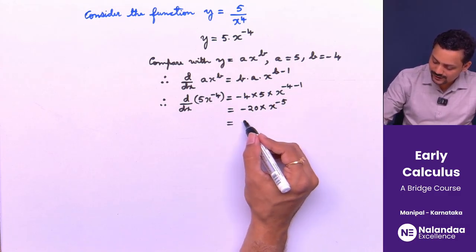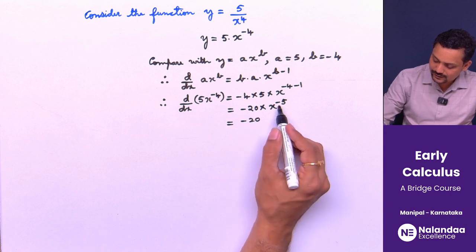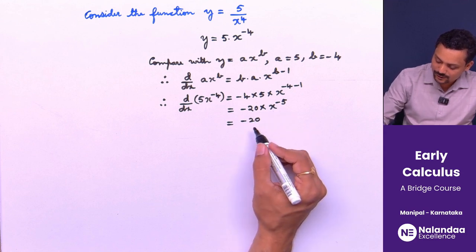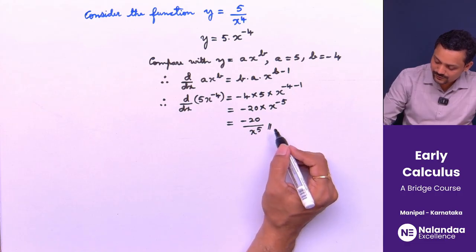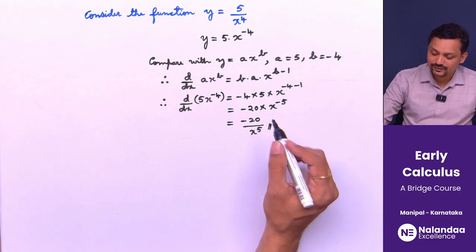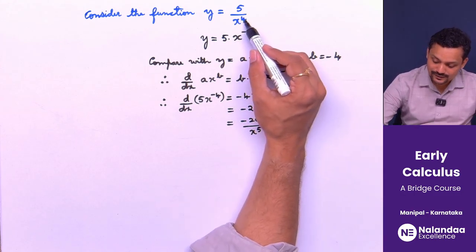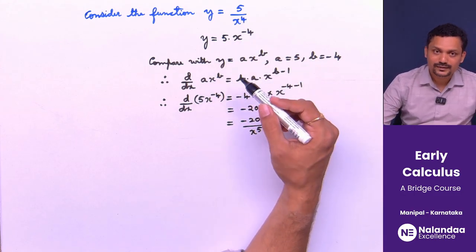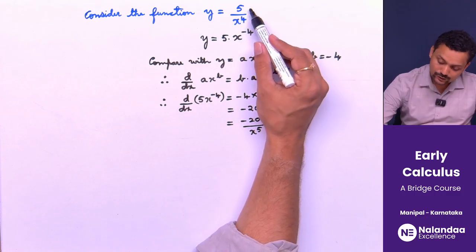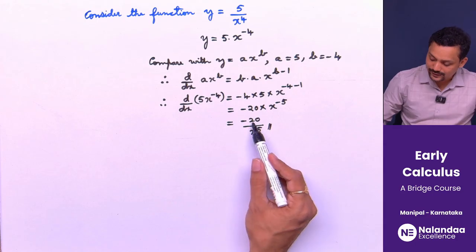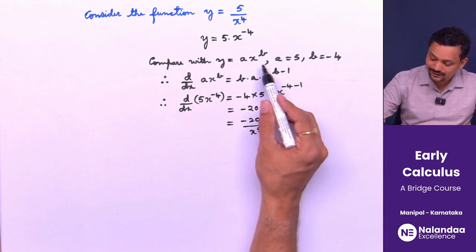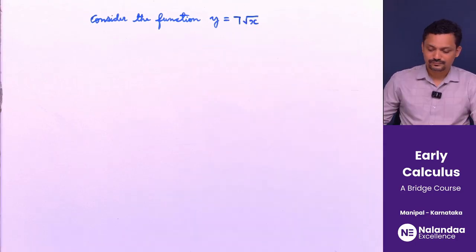So this can also be written as minus 20. Now if you take x power minus 5 to the denominator, you can write it as x power 5. So therefore in cases in which the x power is in the denominator, mathematically or algebraically you can take it to the top, convert it into a x power b, and then you can use the same formula to find the derivative.